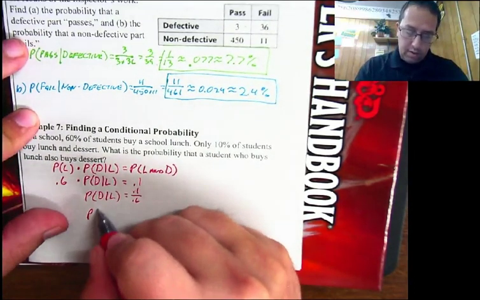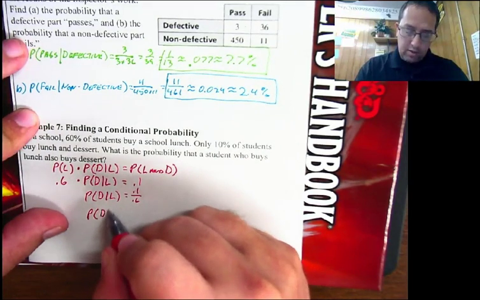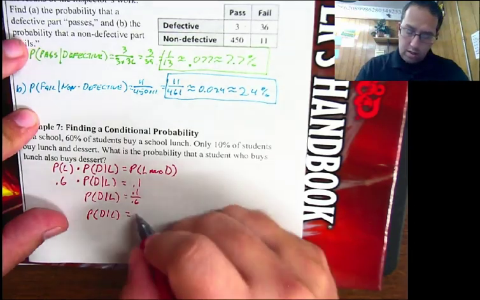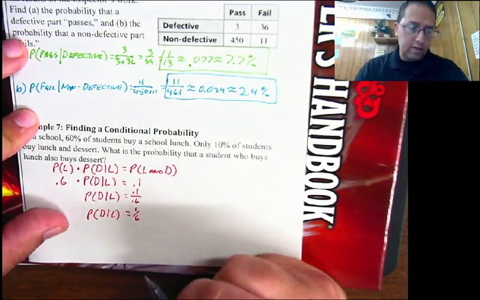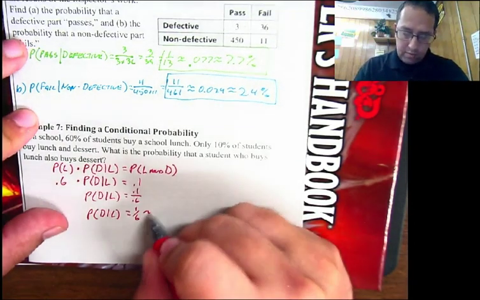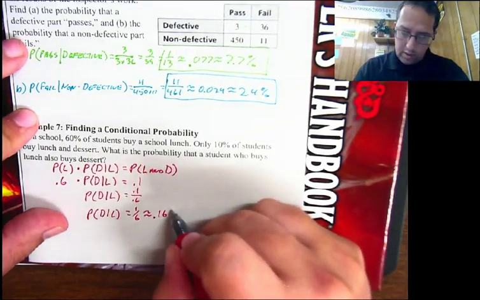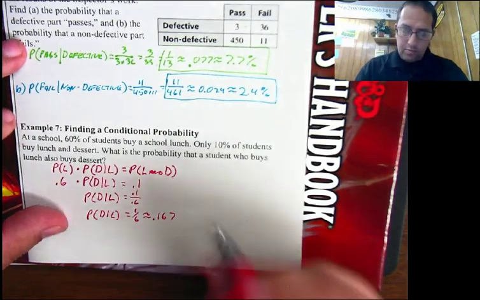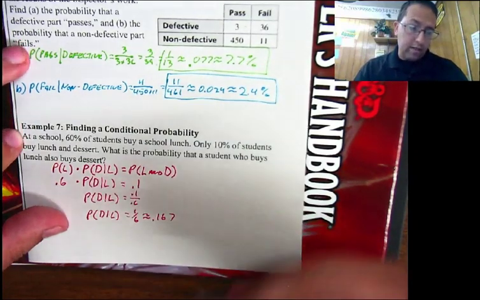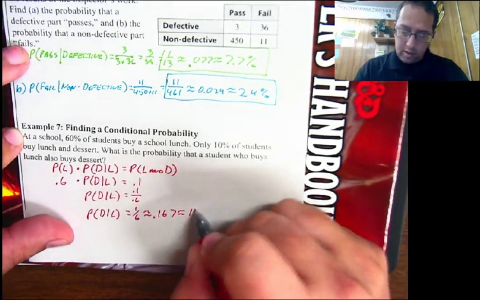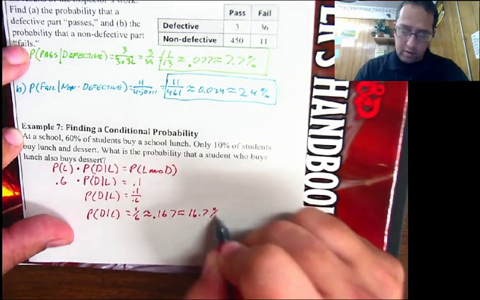And so the probability that somebody buys dessert given that they already bought lunch is going to be 1 out of 6, which is approximately 0.167. So the probability that someone who buys lunch will also buy dessert is approximately 16.7%.